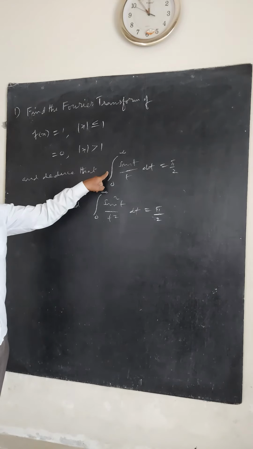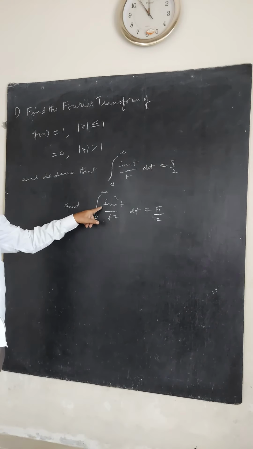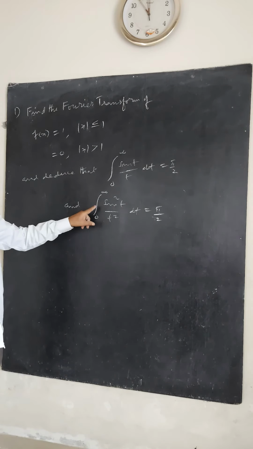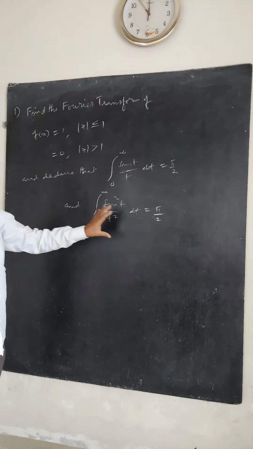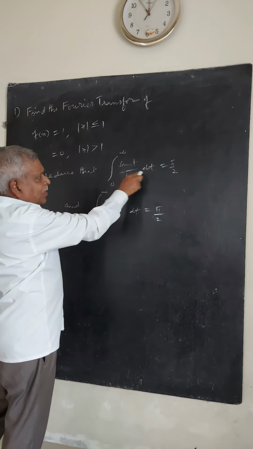This we simply get from the Fourier transform. For this result we have to use Parseval's identity. I will give that result later. Now we are seeing this first direction only.